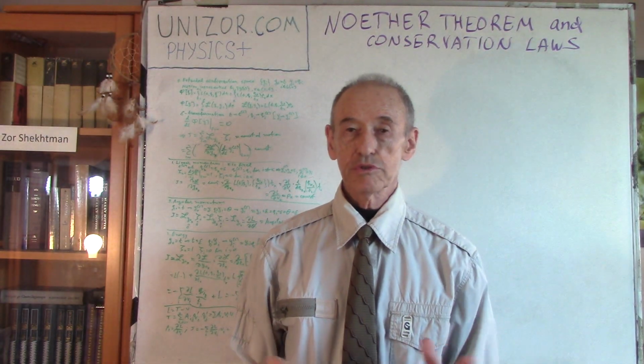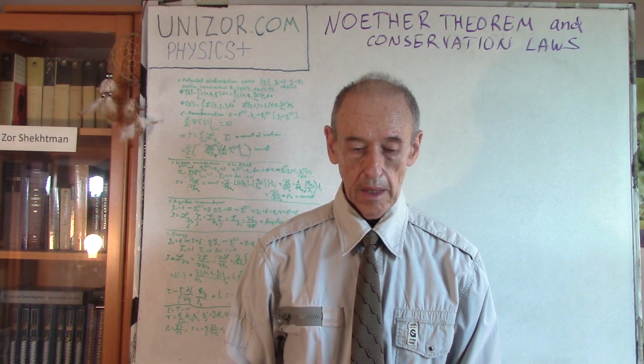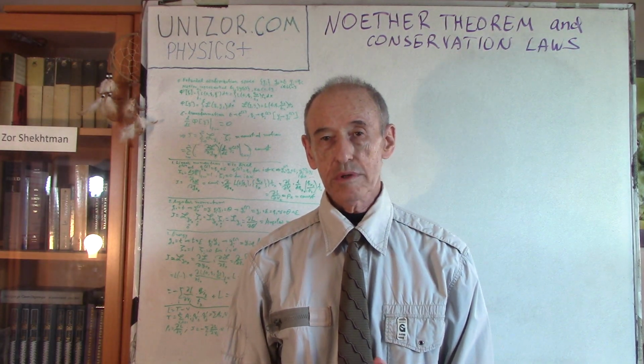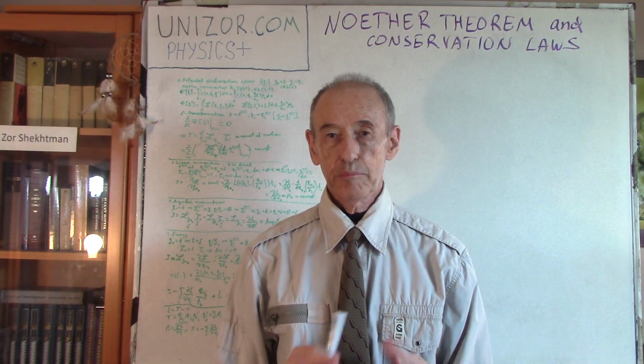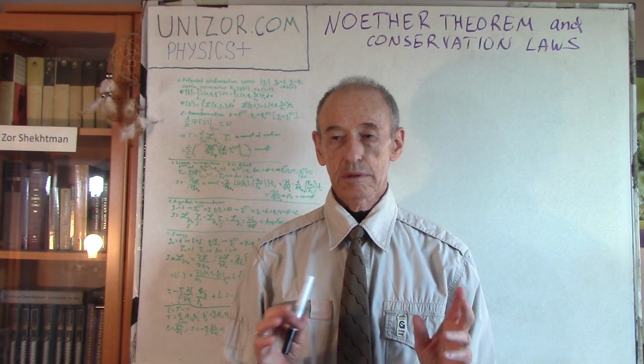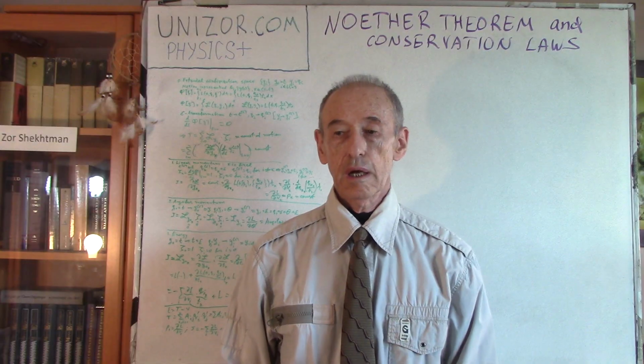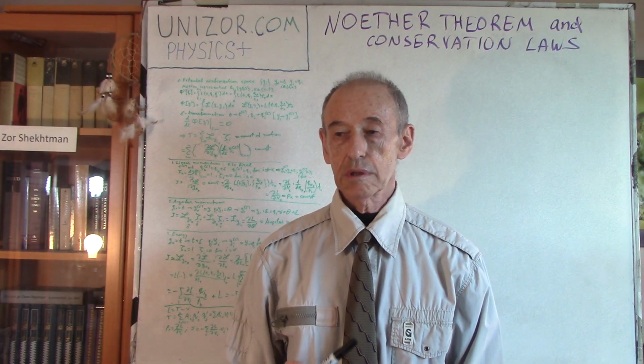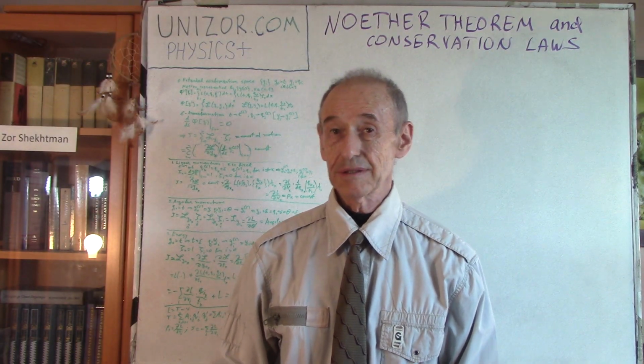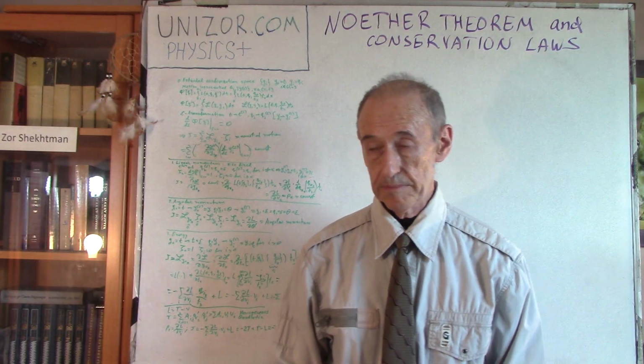So today we continue talking about Noether Theorem, and the previous lecture was basically a conclusion of the purely theoretical and relatively general case of Noether Theorem in extended configuration space.